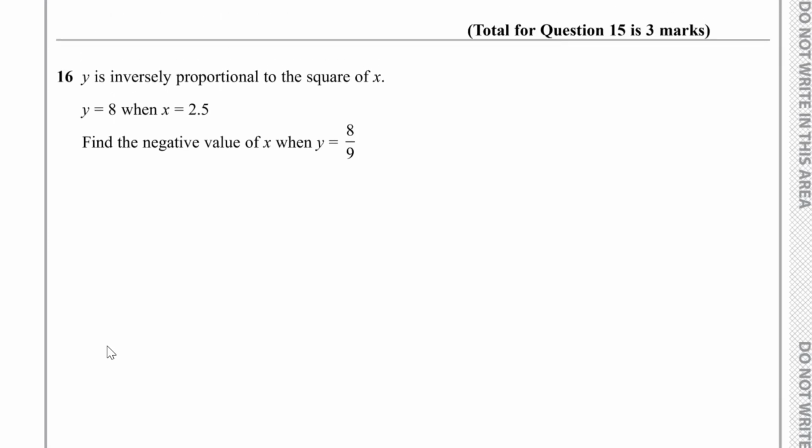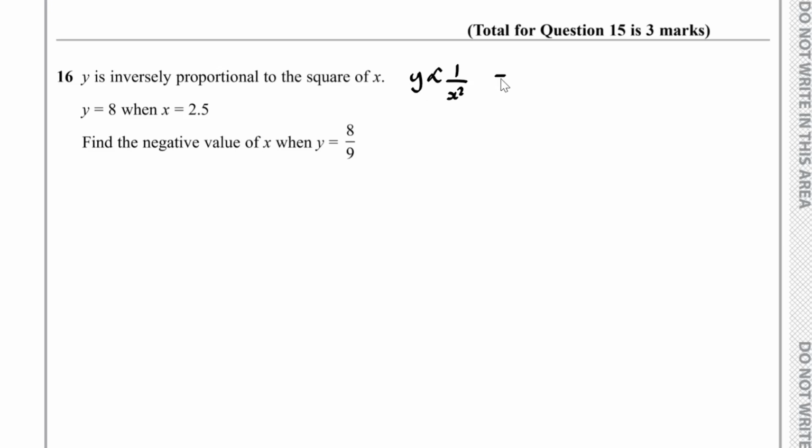Question 16. y is inversely proportional to the square of x. What does this mean? It means here that we have this situation, and when y is 8, x is equal to 2.5, and we have to work out the negative value of x when y is equal to 8 over 9.